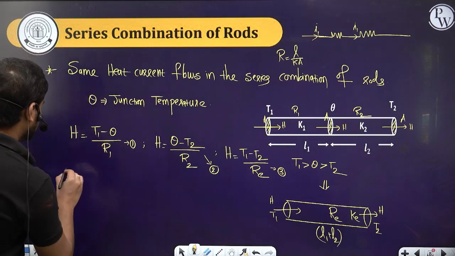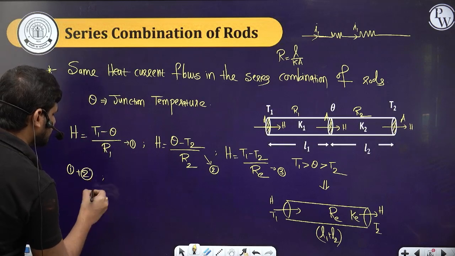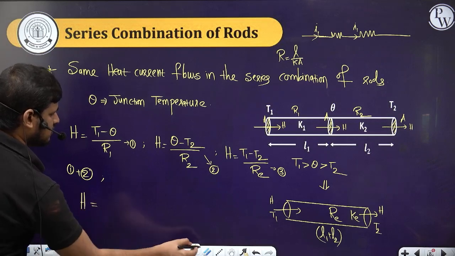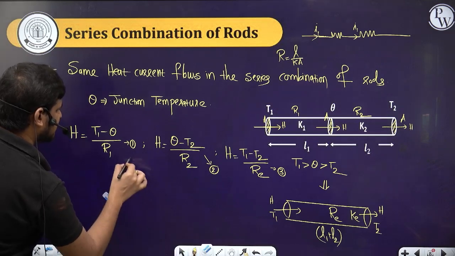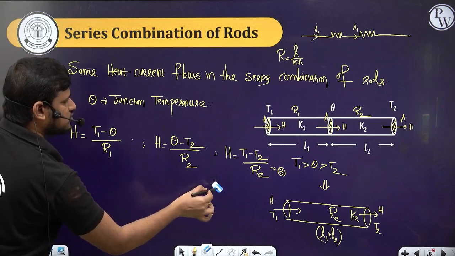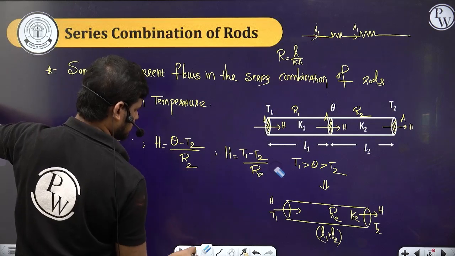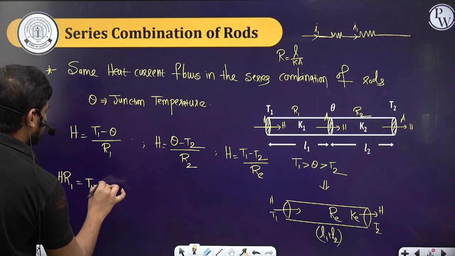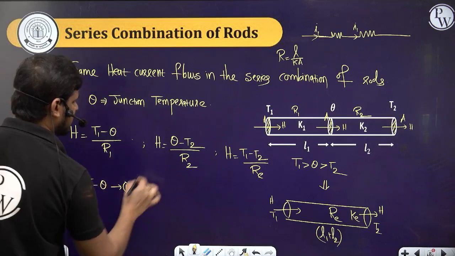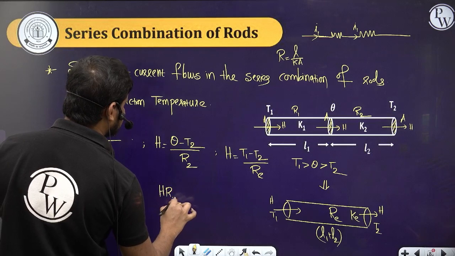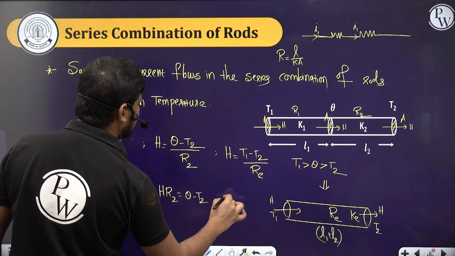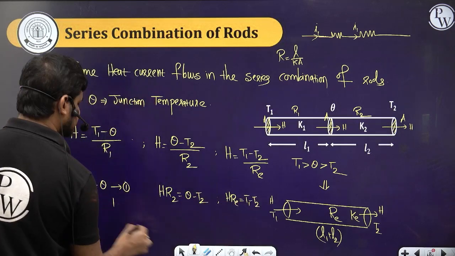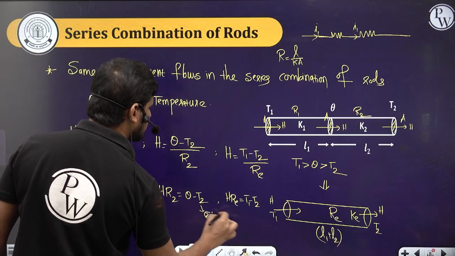So let's add equation 1 and 2. Instead of considering these, let's do more simplification. Let's write HR1 is equal to T1 minus theta, equation number 1. HR2 is equal to theta minus T2, equation number 2. And H R equivalent is equal to T1 minus T2, equation number 3.